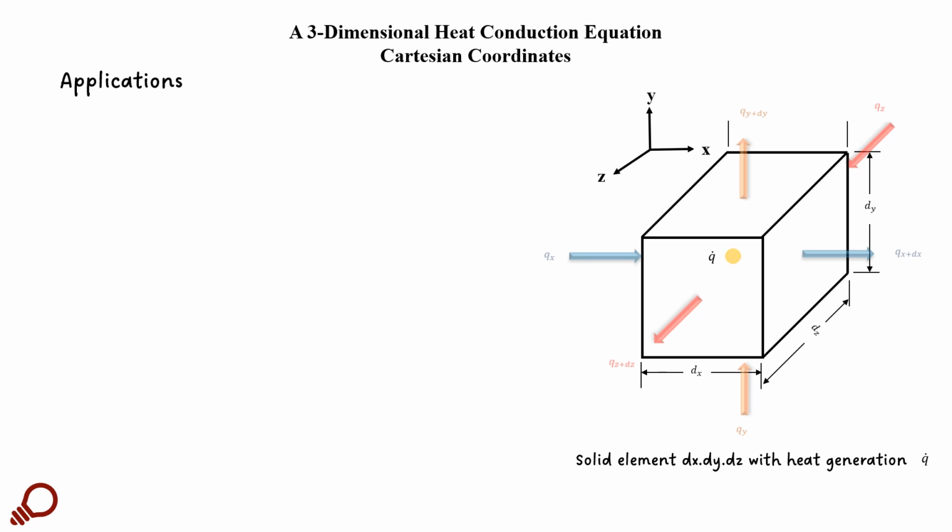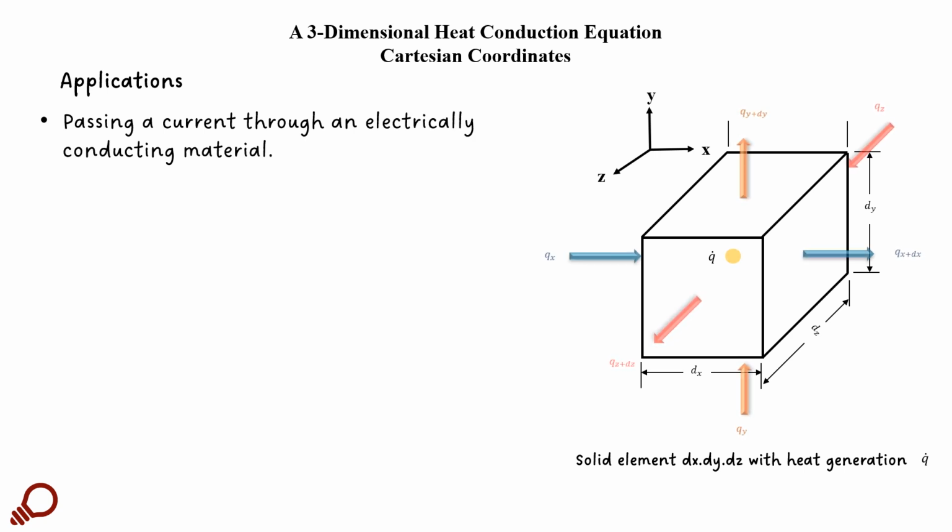So where can we find these applications, I mean, where we have a body with heat generation? One of them is where you are passing an electrical current through an element section, just like a bus bar, which transfers energy in many applications.